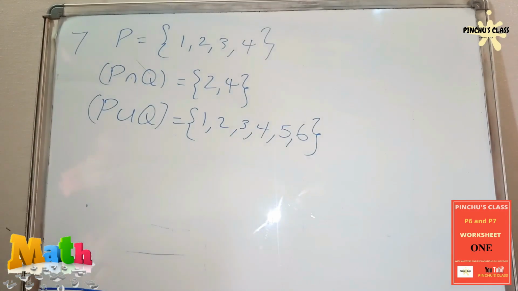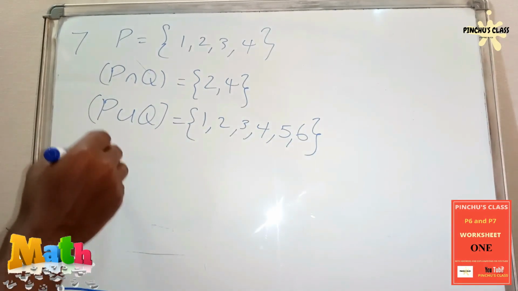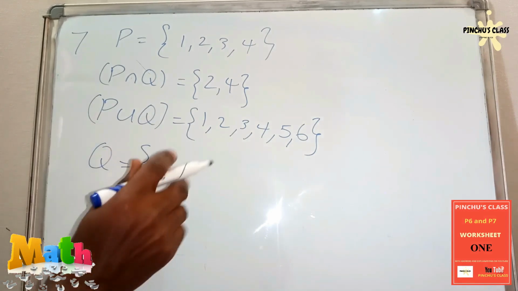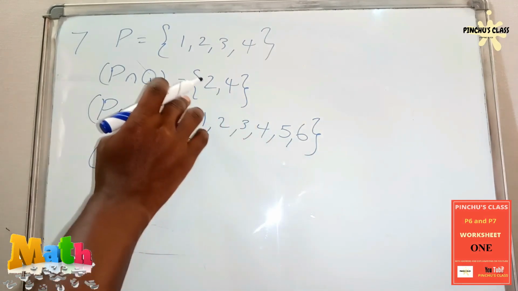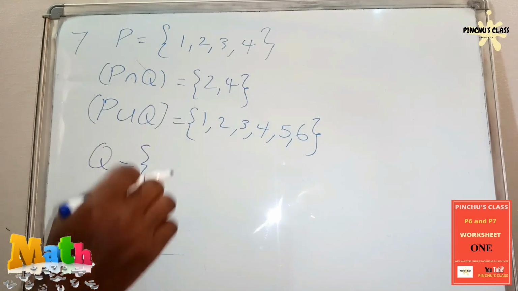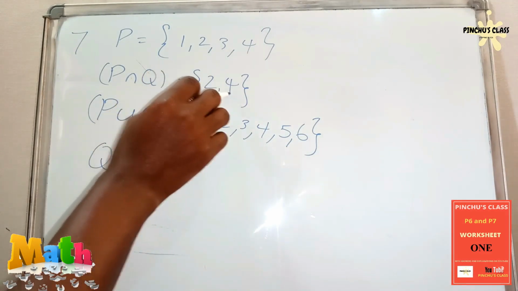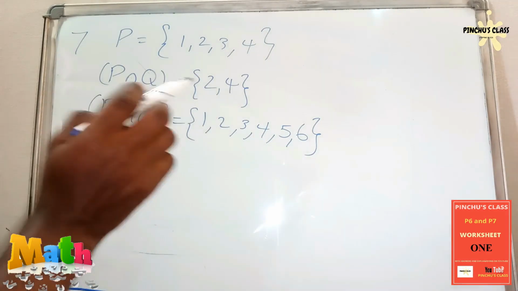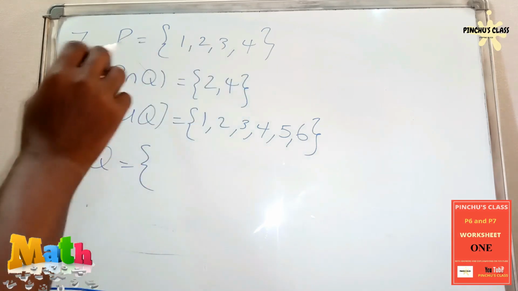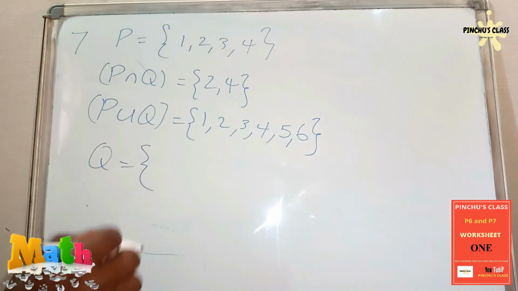They have told us to find members of set Q, the elements in set Q. So what we are going to do is get set Q using the union and the intersection. We know that these are common in P and Q, and these are the members in P. Therefore, which members are remaining?